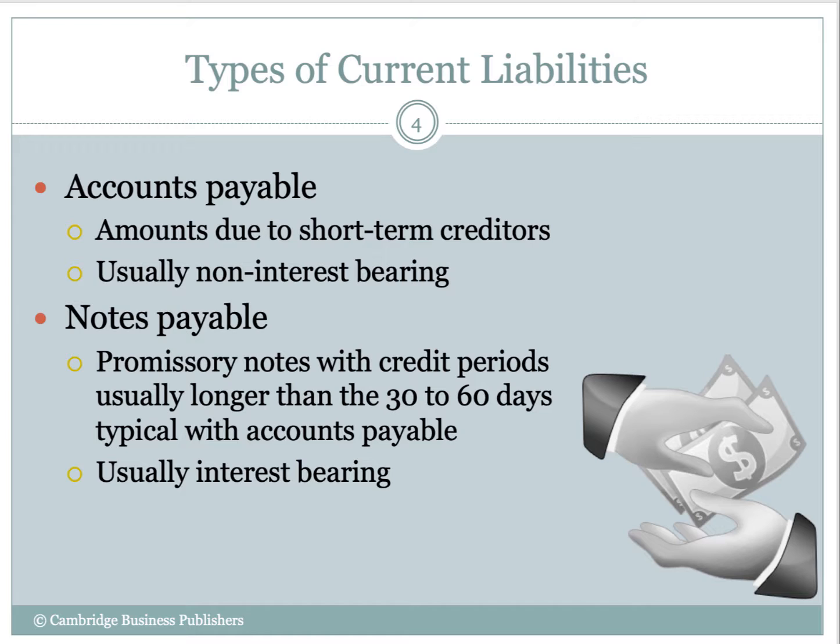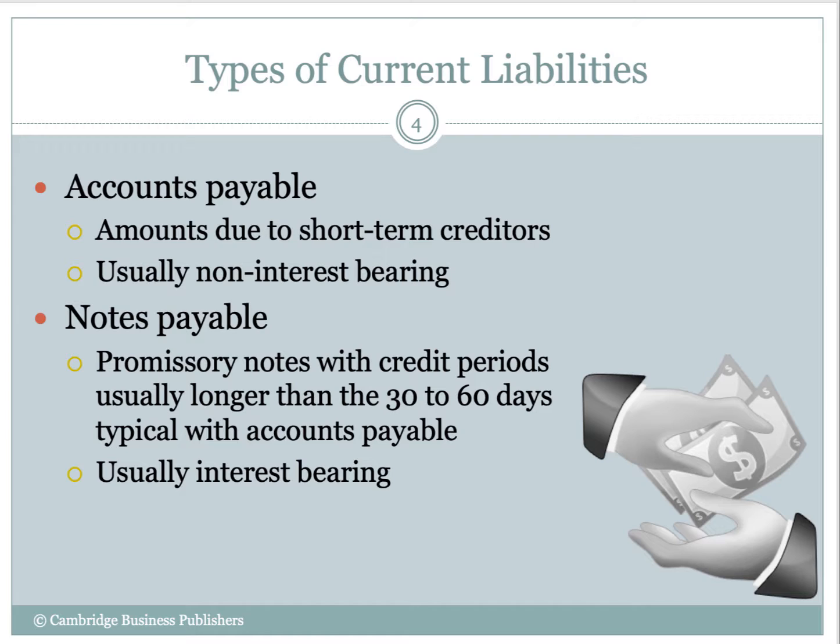Then we get into notes payable, okay? Notes payable involve a promissory note with credit periods, and usually these credit periods are going to be longer than 30 to 60 days. They might be 120 days. They might be 230 days.